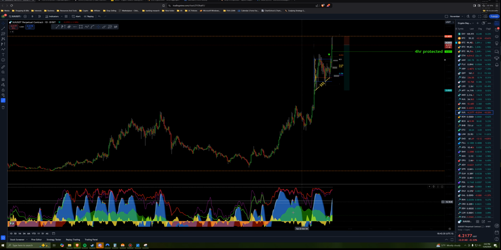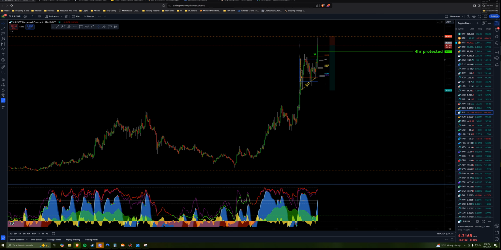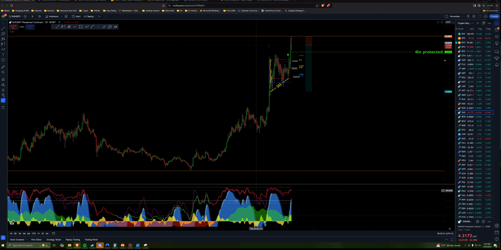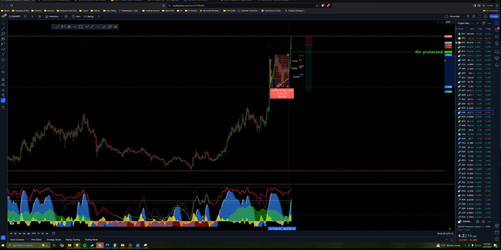I mean, more divergences, but not with money flow, still bring pretty large pullbacks. Same goes for here. You have a bearish divergence with money flow coming out. Give you a nice pullback.